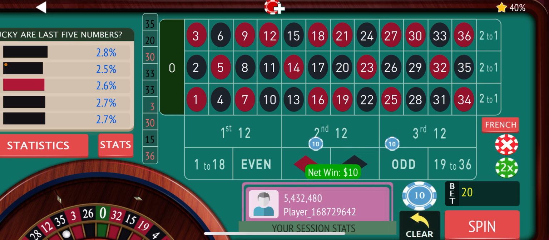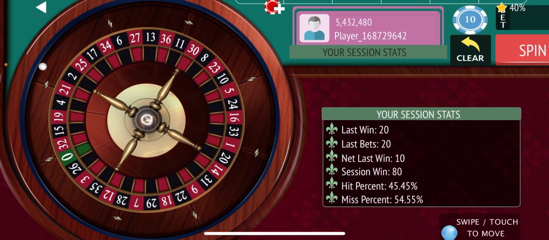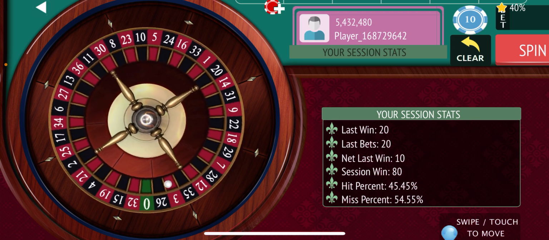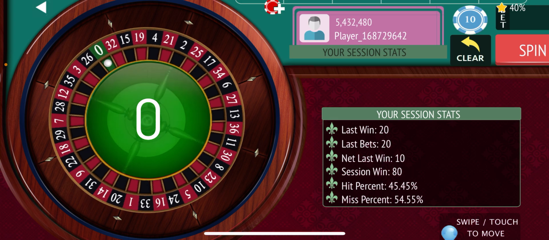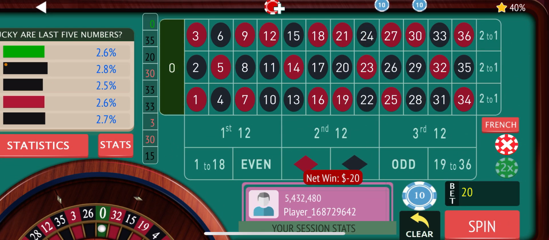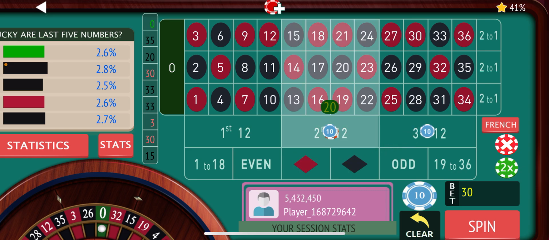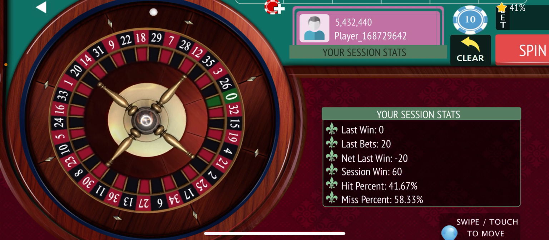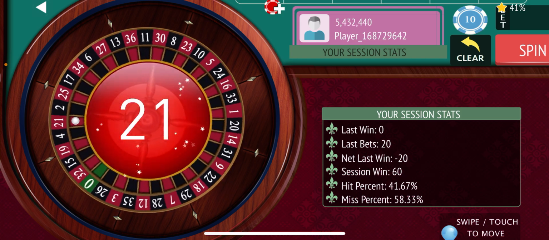I really do like this system because you are covering most of the board. It's about 70% of the board you're covering. Okay, and I am playing on a European wheel. So on that loss, we're going to go ahead and increase by 1 unit. I know here in the US, it's 00 everywhere.